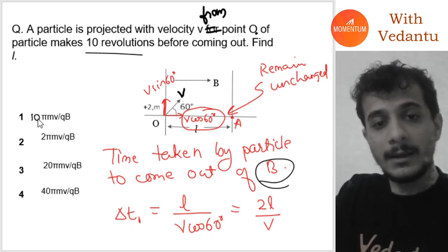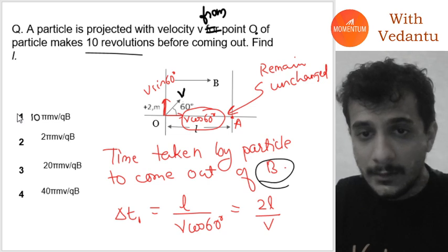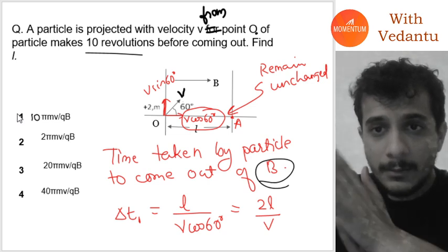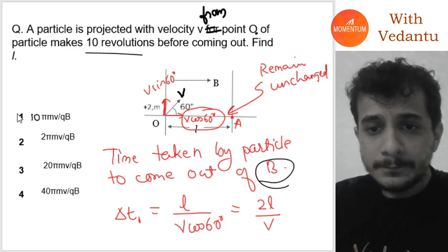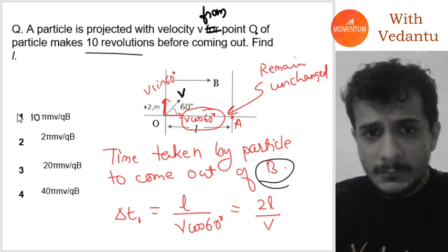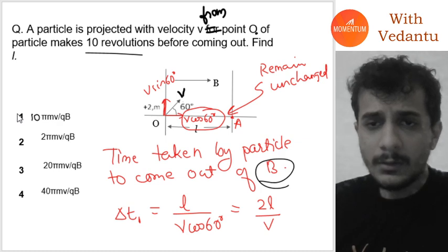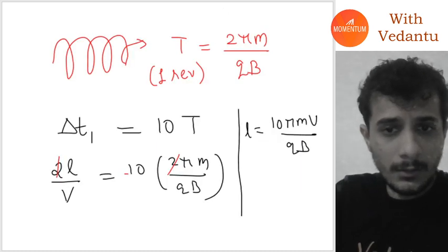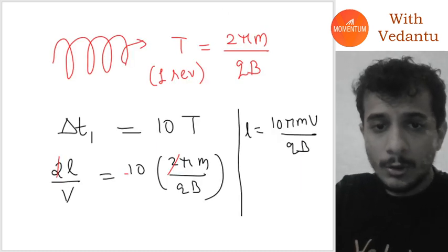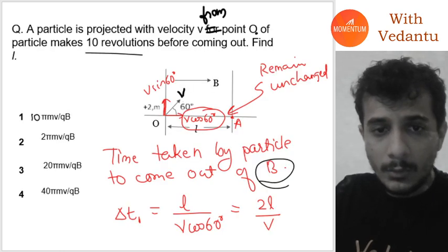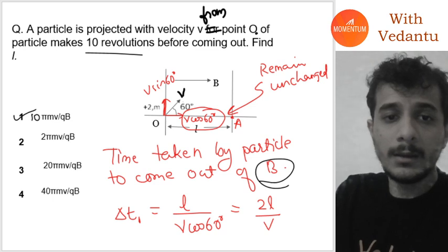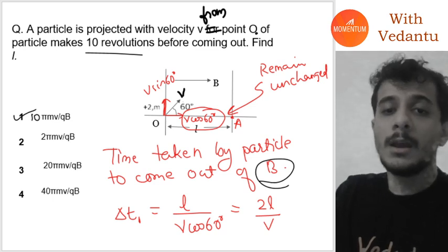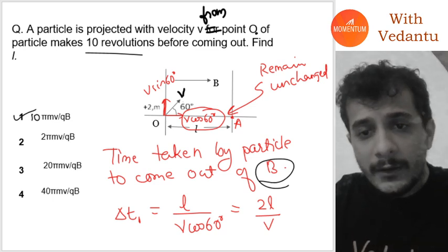I'm guessing there is a 10 here. Did I make a mistake, guys? Time period is 2 pi m by qb. Yes. In the second case, did I make a mistake here? No, I don't think so. I think it's supposed to be 10 pi mv by qb, but I don't know if I have made a mistake.